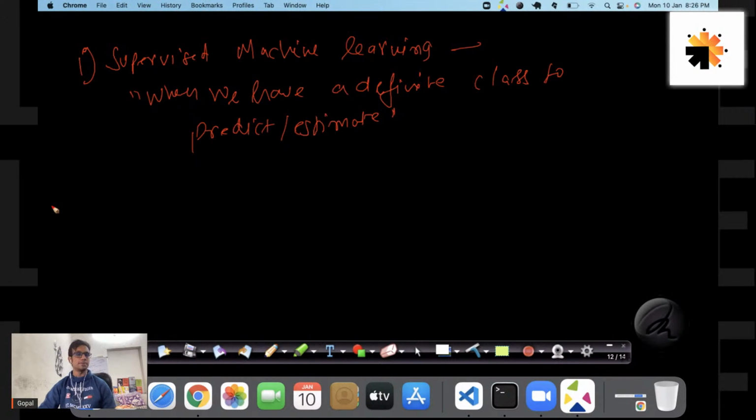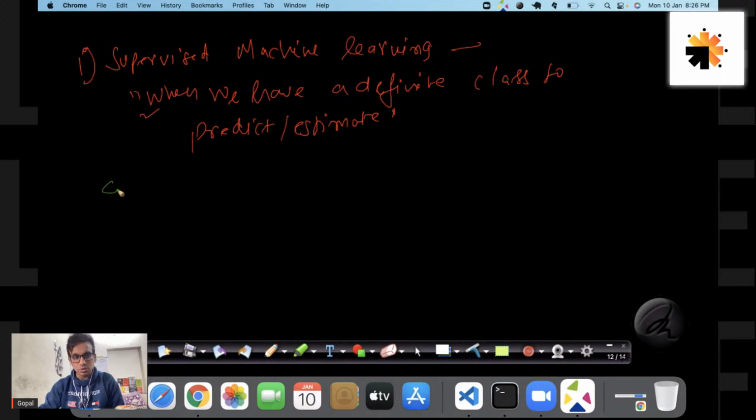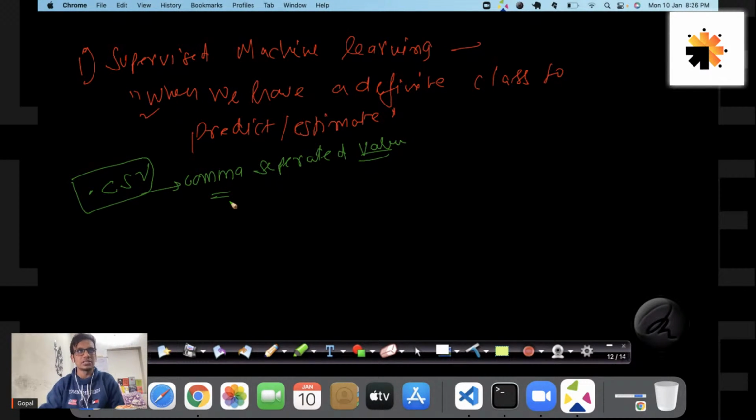What do I mean by that? Let's try to understand this. Let's say you have a CSV file. I hope you are all aware of CSV files, which stands for comma separated values. Not Excel files, CSV files are different. Let's say in that CSV file you have 4 columns.